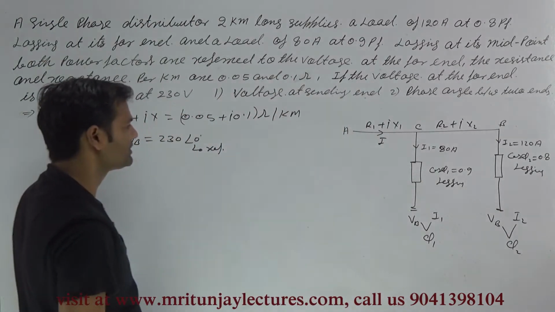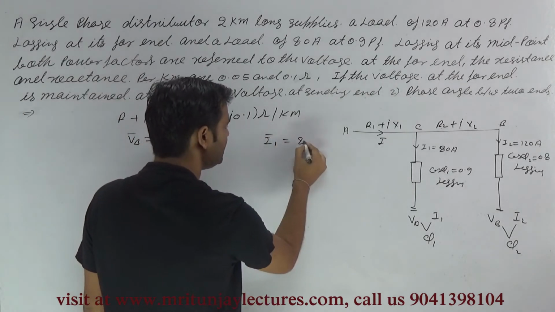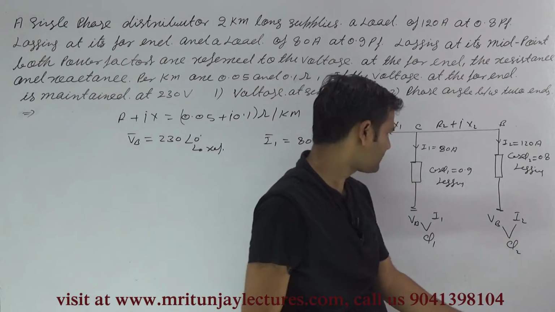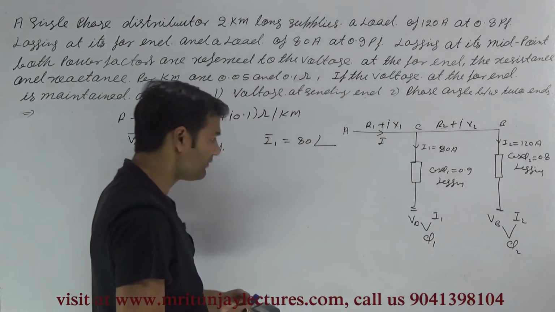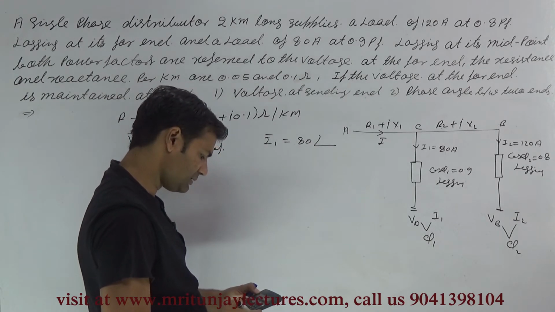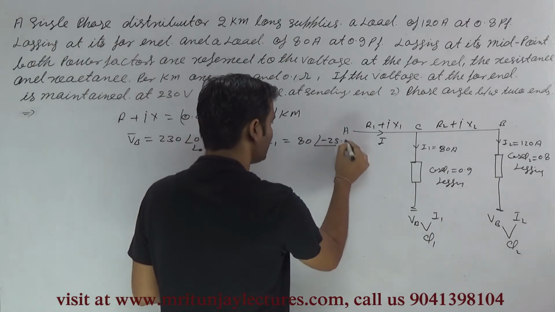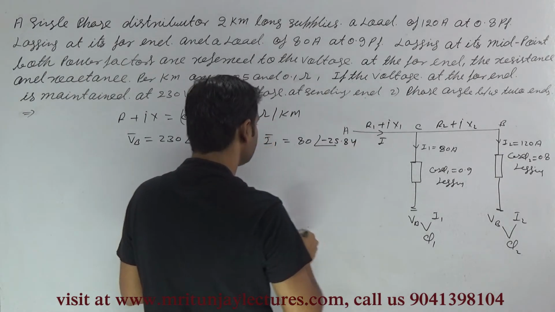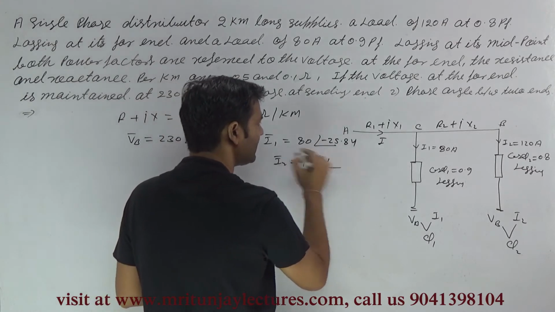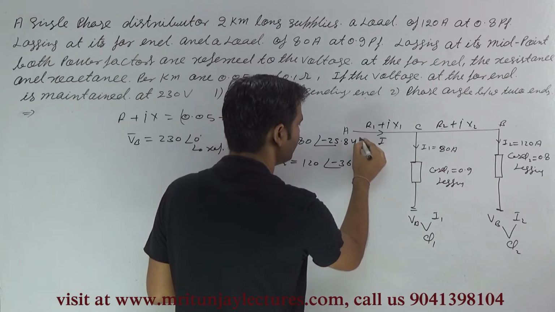First of all, what about I1? I1 is 80 at the angle of the power factor, lagging. It means negative, cos inverse 0.9, that is minus 25.84. And what about I2? I2 is written as 120 ampere at the angle minus 36.86 degree.